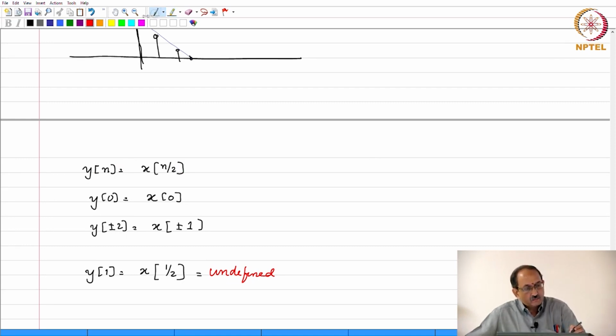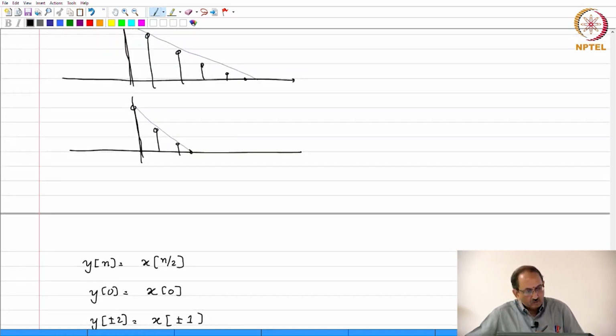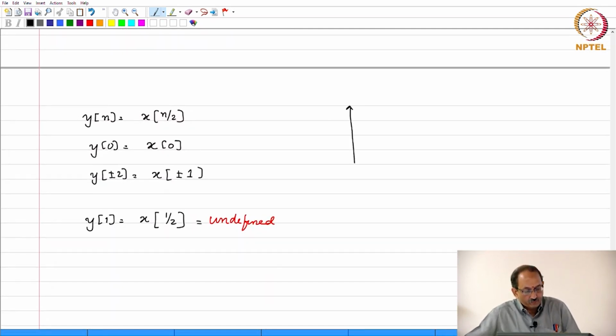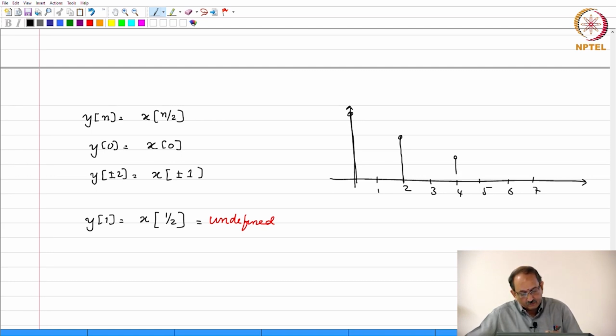Therefore, if you look at this particular example that we saw, and for this sequence given here, if you look at the n by 2 sequence, that is y of n equals x of n by 2, if you just focus on this, it does indeed look like an expanded version, but as it is, all the odd indices are undefined.